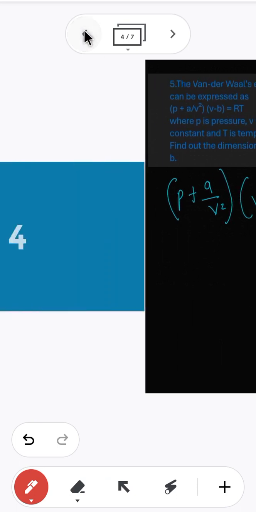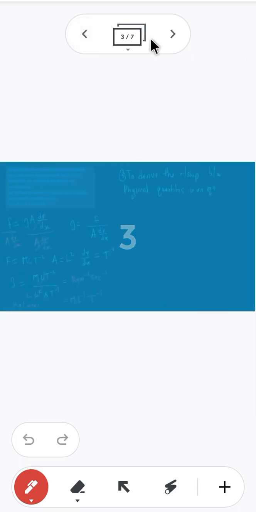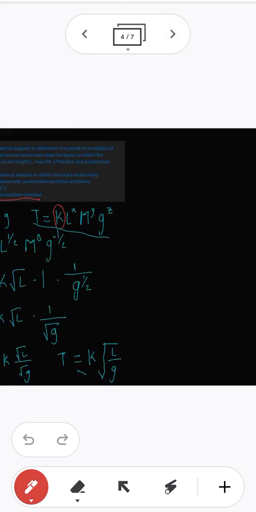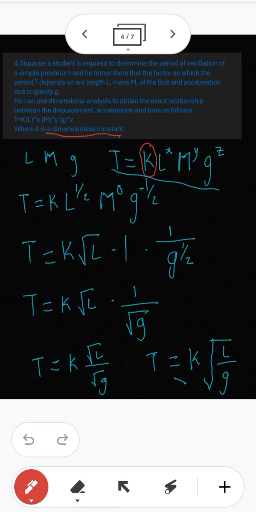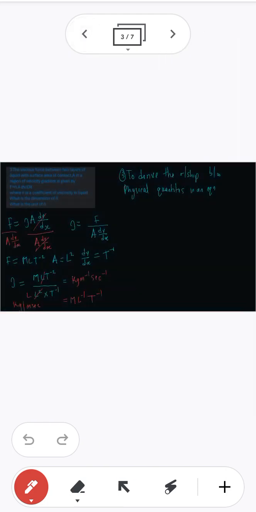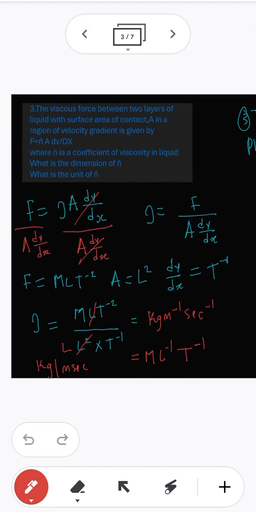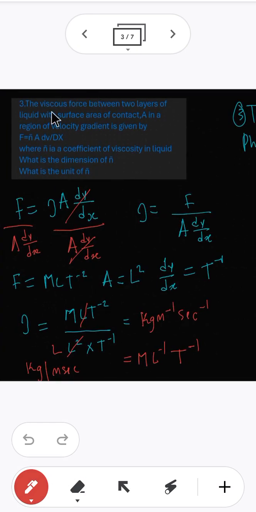From our previous examples, from this example, they said k is a dimensionless constant, you understand? It doesn't have a dimension. From the example before it, they said this weird looking symbol here is a constant, a coefficient or a constant, and we look for the dimension.